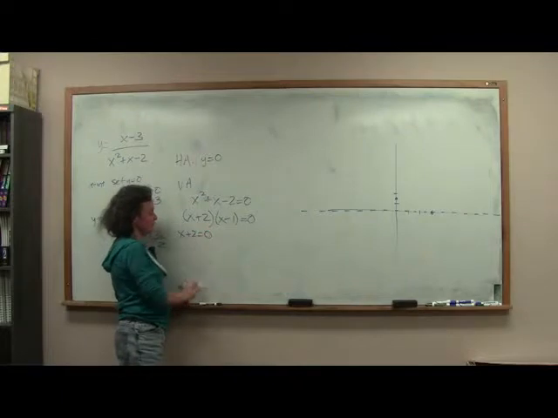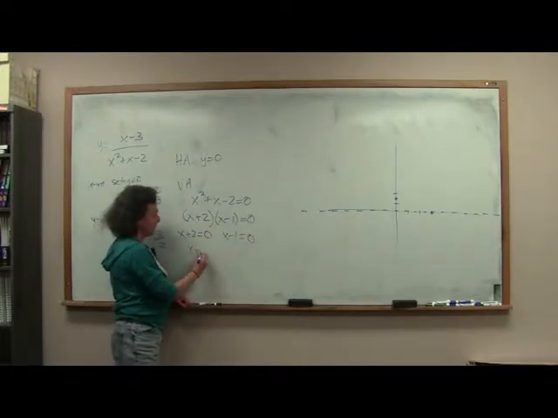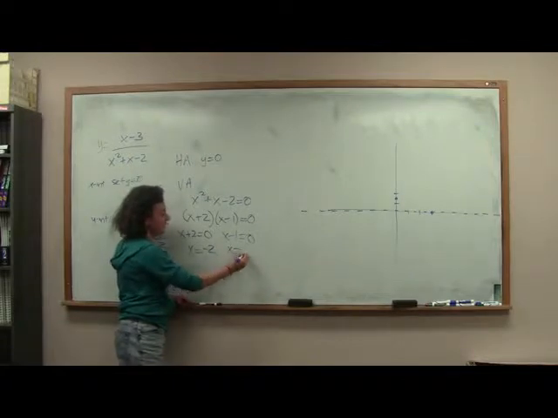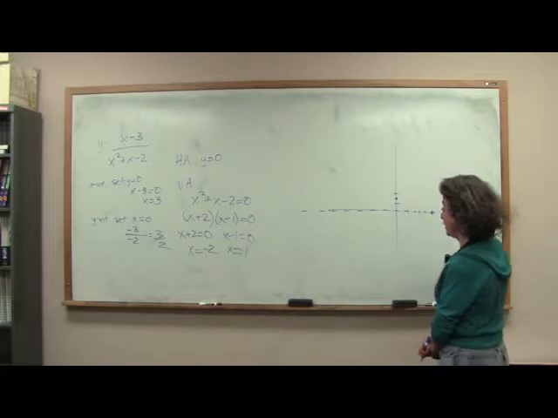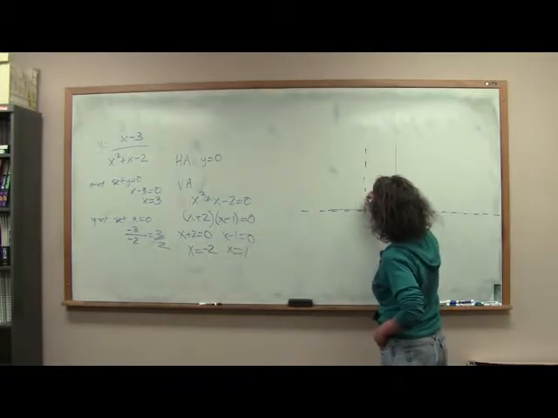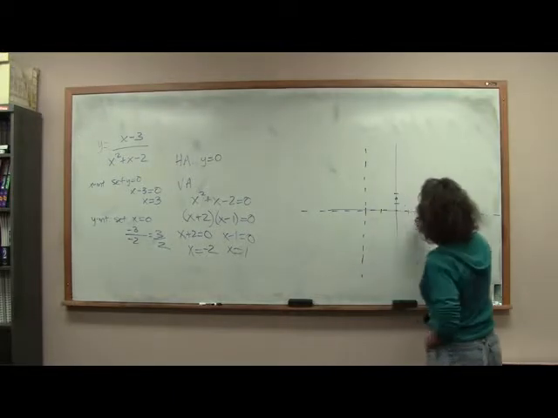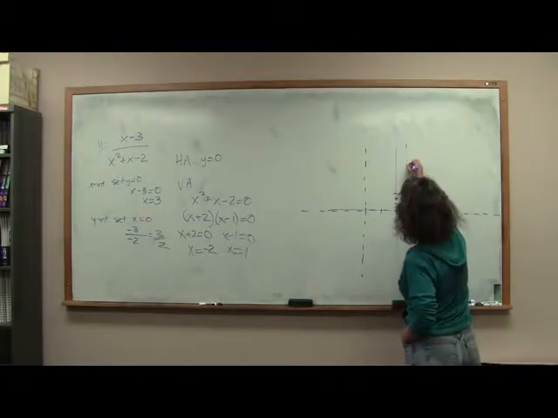So either my first guy is 0 or my second guy is 0. So I claim here I actually have two vertical asymptotes. I have a vertical asymptote at -2, and I have a vertical asymptote at 1.